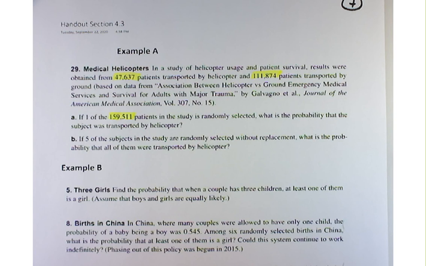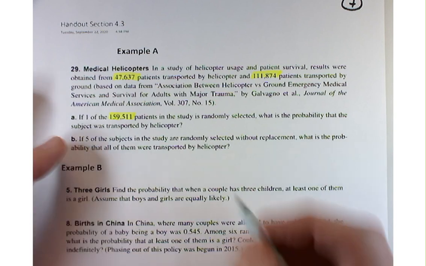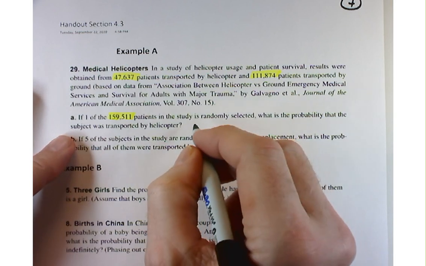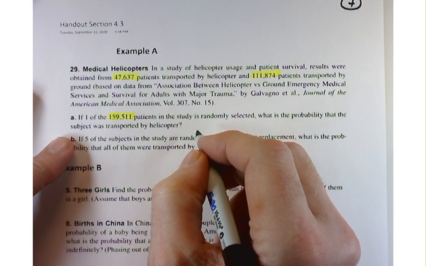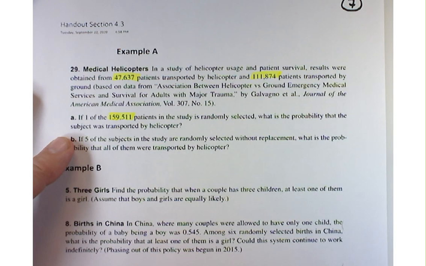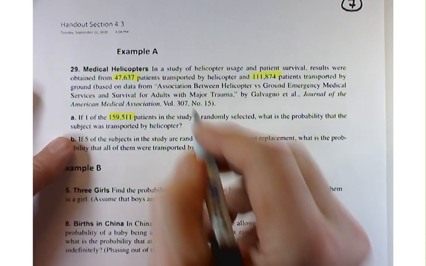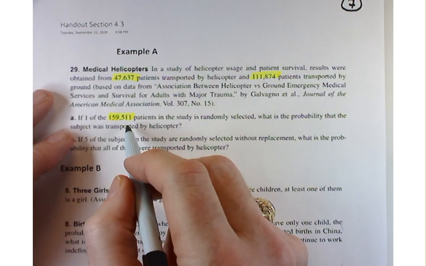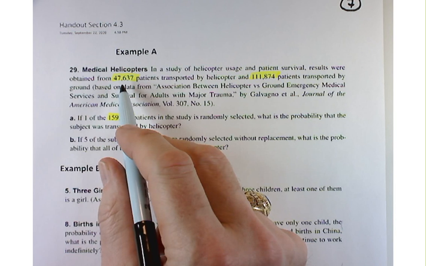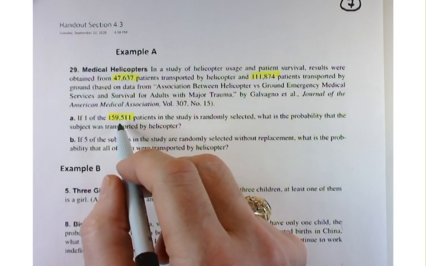Okay. Let's see. Elijah, what'd you get? What's that probability? Wouldn't it be 1 out of 159? But there was a lot of patients that were transported by helicopter, right? Cameron? Is it 47,637 out of 159,511? All right, so 47,637 over 159,511.